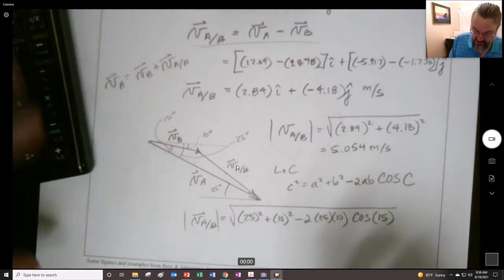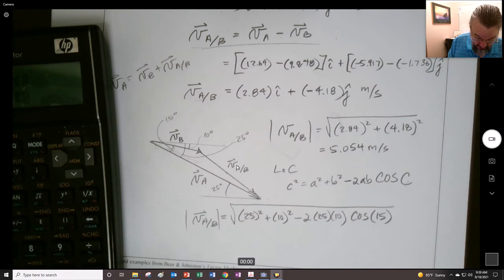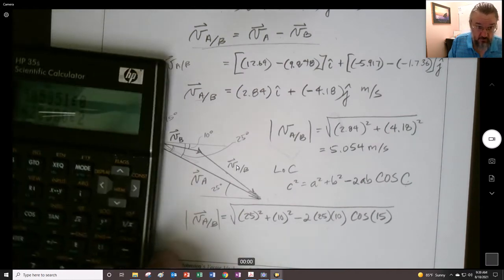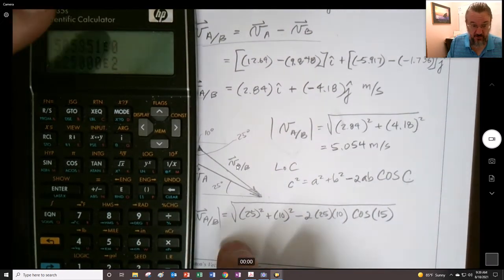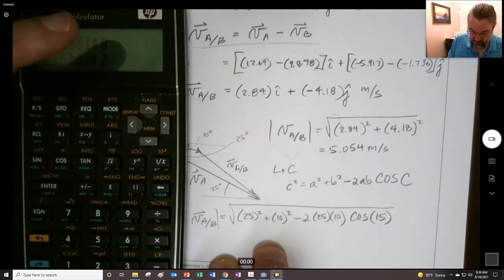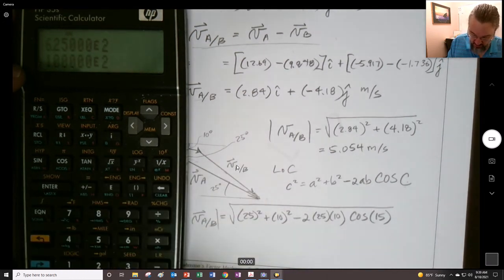And I'm really taking a chance here because I don't know for sure that I didn't mess something up along the way. So 25 squared. I should try to teach the calculator usage here. 10 squared plus, and then 2 times 25 times 10, right?